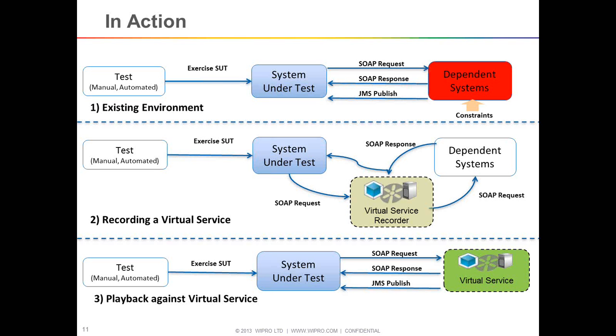Since the hunger came from those dependent systems, you see in this picture the SOAP request and SOAP response. But it need not be SOAP. You can make JDBC calls to a database also, and those can be virtualized very comfortably.